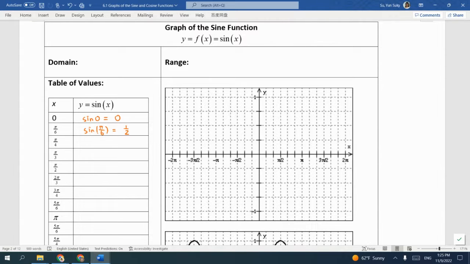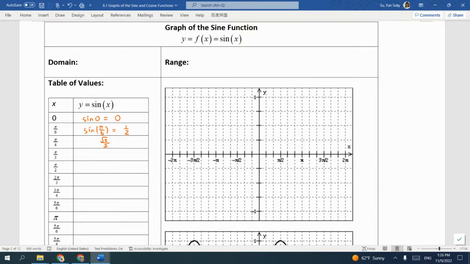How about sine pi over 4? What's sine pi over 4? Look at the table. What are the common angle values? Sine pi over 4. Yeah, root 2 over 2.